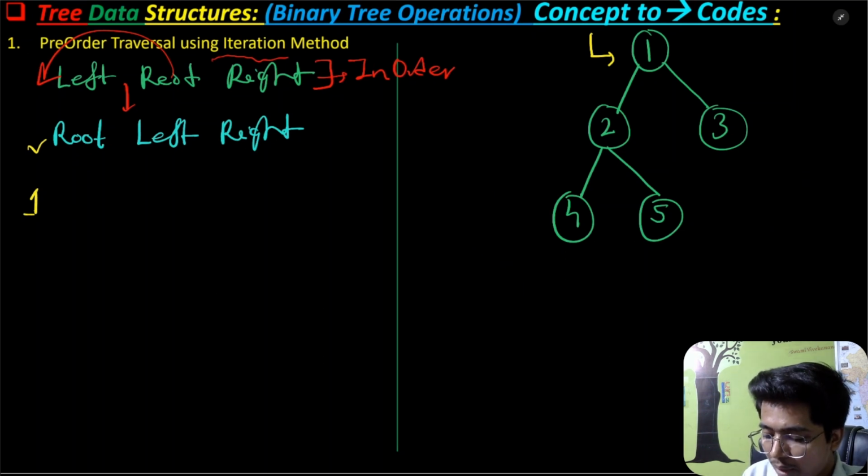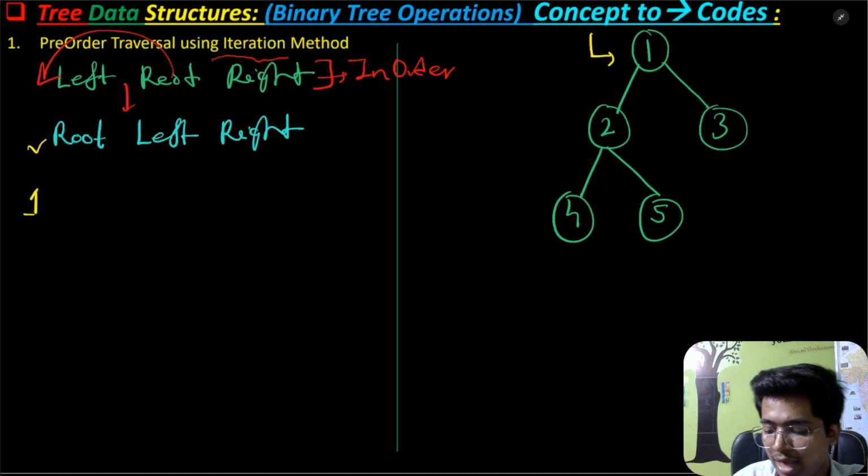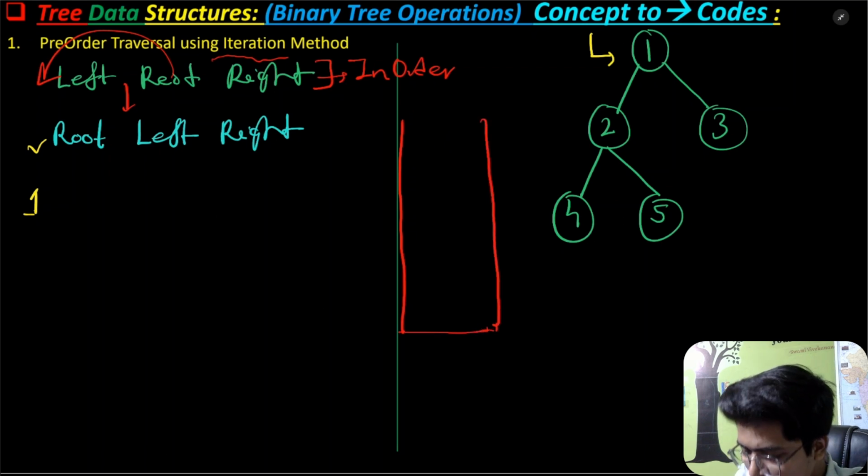For that we have to utilize a stack, because in recursion also we utilize an inbuilt stack. So let's call this our stack in today's video. We'll be inserting the elements in this order.